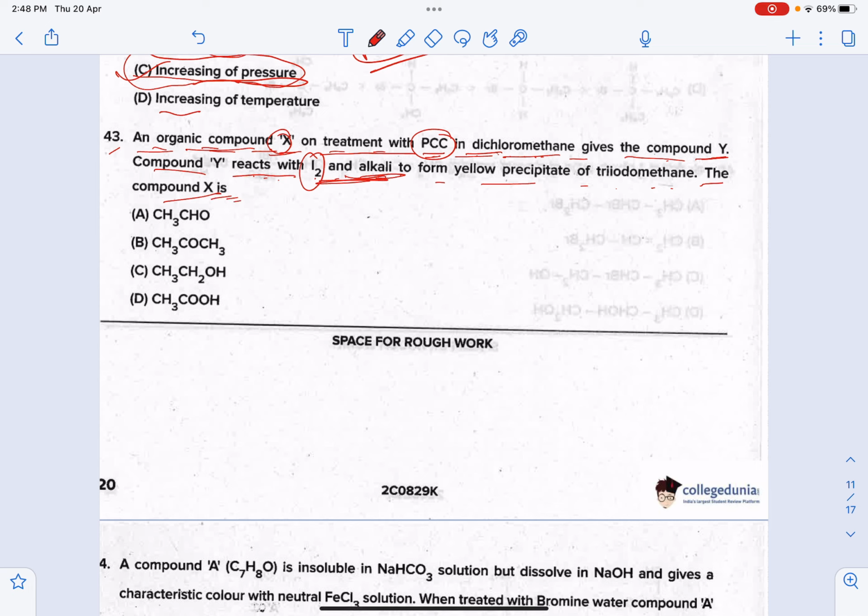Only those compounds give this iodoform test which have this group, or this group, which will be a terminal hydroxide. This reaction is given by iodine and alkali, and the iodoform test is given by only these two kinds of compounds.